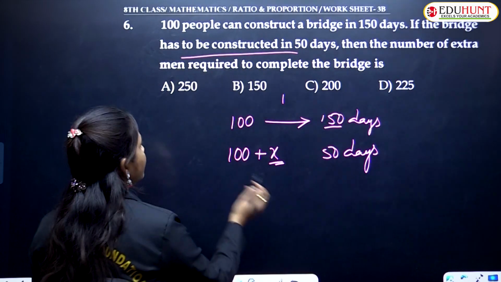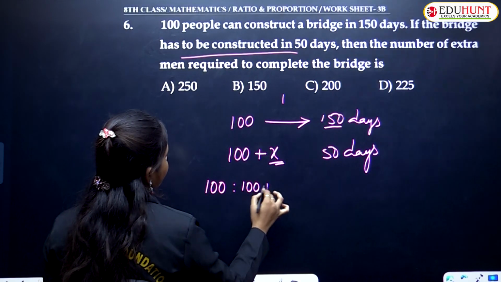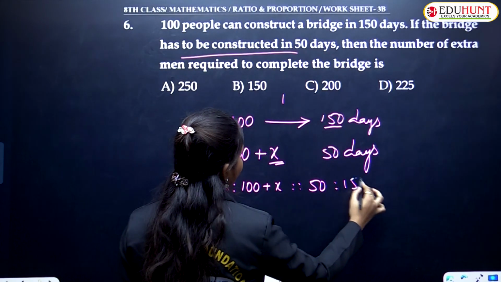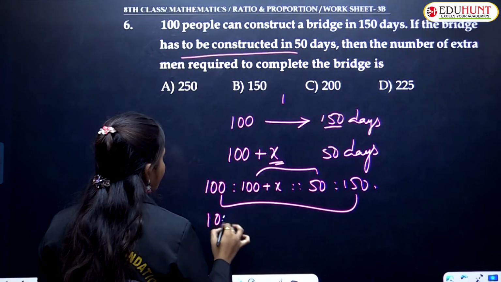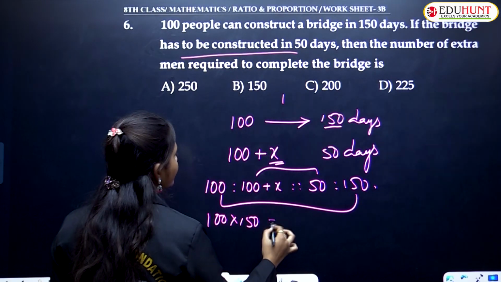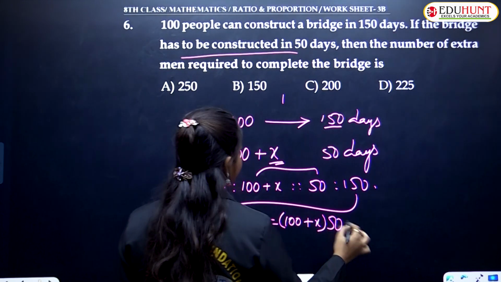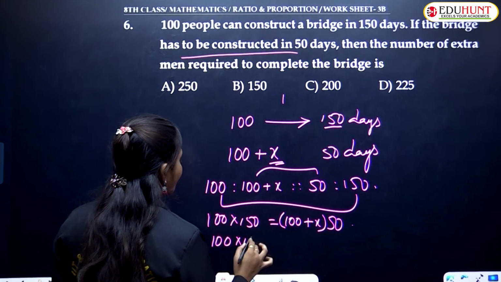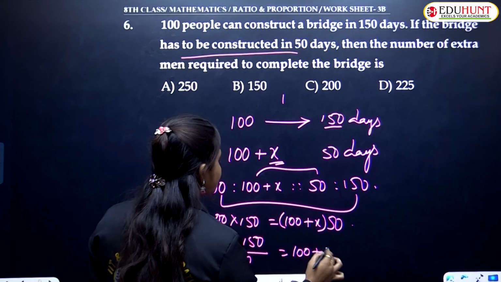So let us see here. 100 is to 100 plus x as 50 is to 150. Now simplify this. 100 into 150 is equal to 100 plus x into 50. Now 100 into 150 by 50 is equal to 100 plus x.